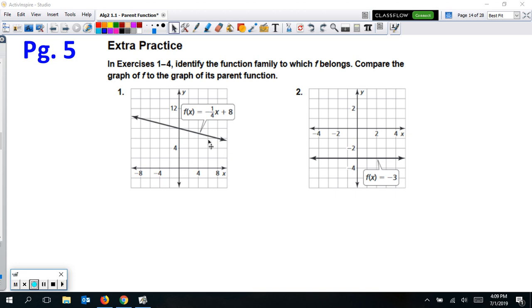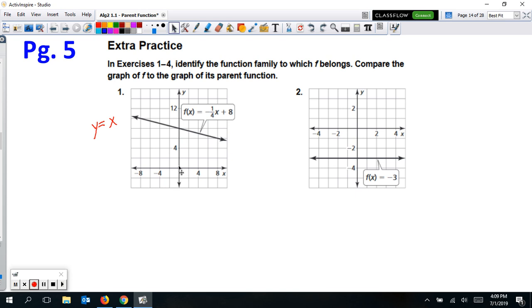But I want you to also graph the parent function. So there's definitely some patterns with these parent functions. For the linear function, remember, it is y equals x. That's our parent function. And so basically the y-intercept of this would be 0. There is no y-intercept, so it's always going to go through the origin right there.